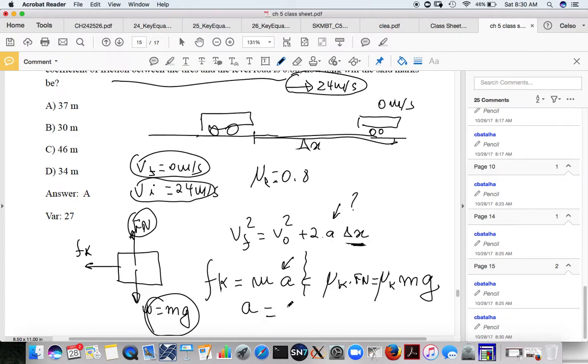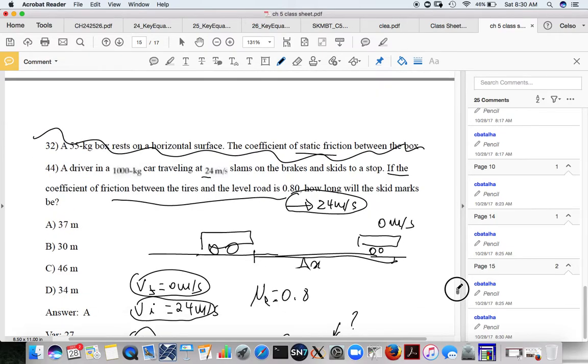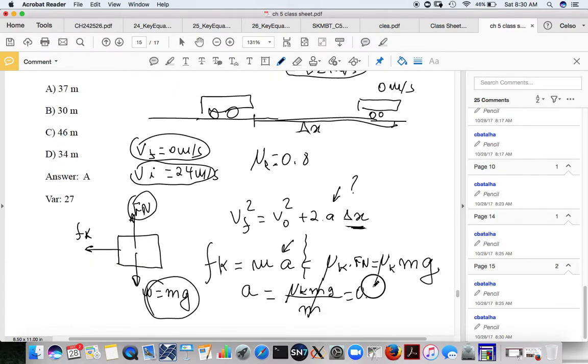So acceleration is equal to mu_k mg divided by m, which is whatever coefficient of kinetic friction you got, 0.8 times 9.8.